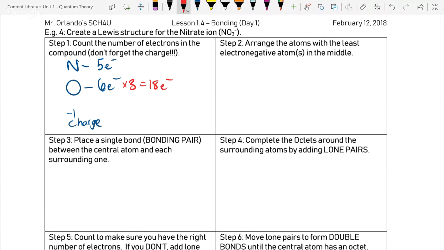But then let's not forget, what is the charge of this thing? -1, which means it has 1 more electron than we'd expect it to. Does that make sense? If the thing's going to have a -1 charge, do atoms normally have a charge? No. So if you put a bunch of atoms together and you have a -1 charge, there must be 1 extra electron. Does that make sense? So altogether, how many electrons does that make? 24. Good.